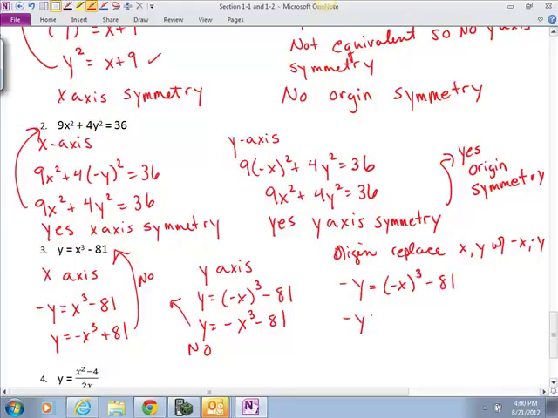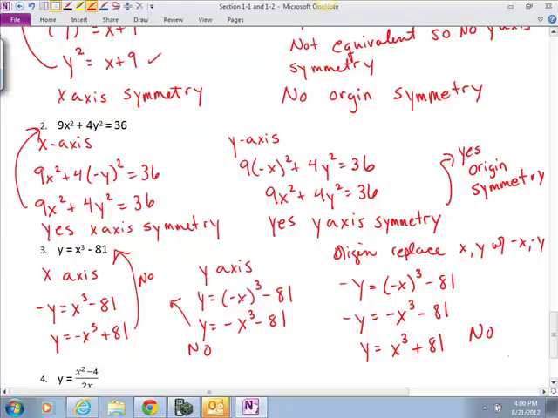And then when we divide through by negative 1, we're going to get y equals x cubed plus 81. It was looking pretty good when we got that x cubed, but then the plus 81 messed it up. So this is also a no.